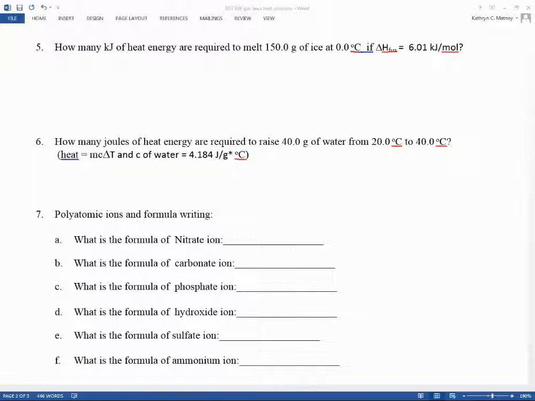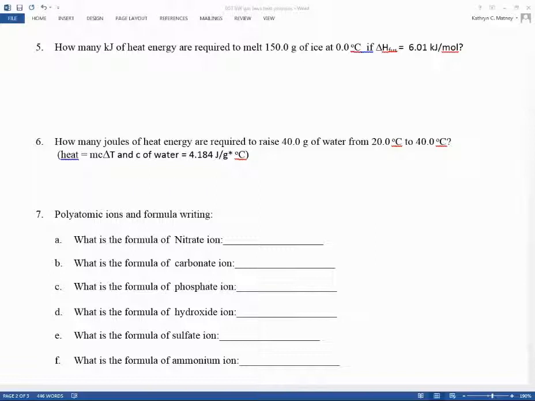Now for this question up here, instead of 150 grams, I can write that's the same thing as 8.33 moles. Now I can solve my problem just like this. Agreed? Heat for question 5 will be equal to 6.01 kilojoules per mole multiplied by 8.333 moles, and my moles go away.